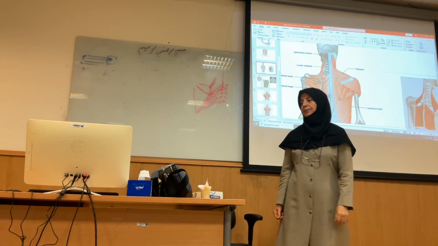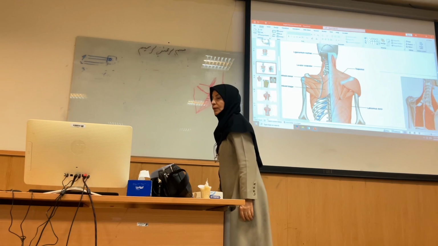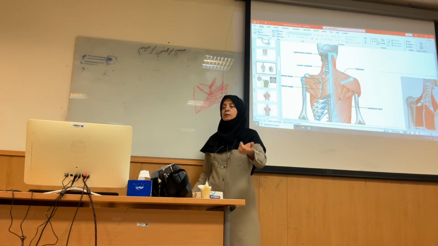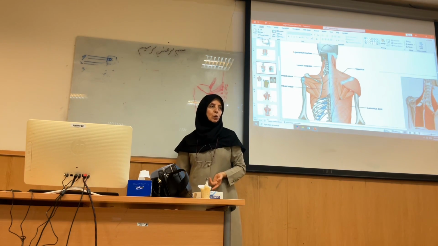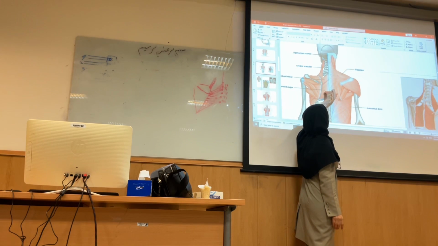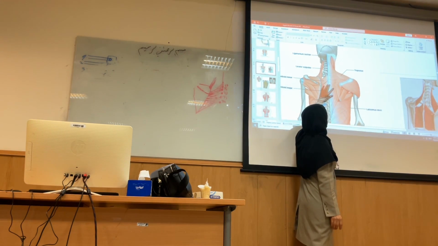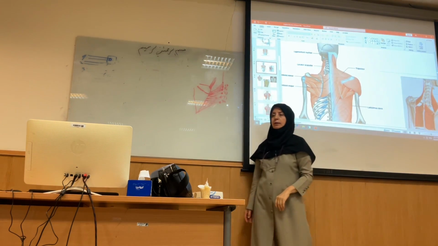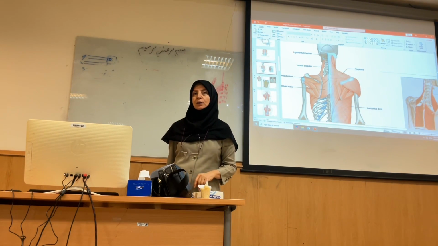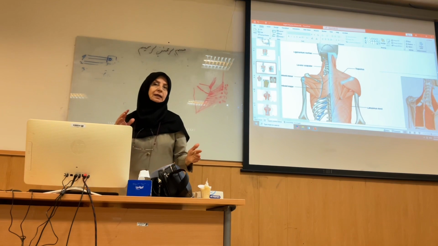Very complicated. And what about the innervation? These three muscles, remember dorsal scapular. The dorsal scapular nerve comes down deep to these three muscles and innervates these three muscles. What's the innervation of latissimus dorsi?